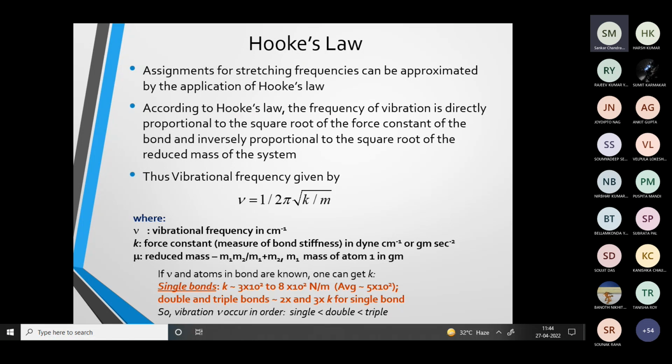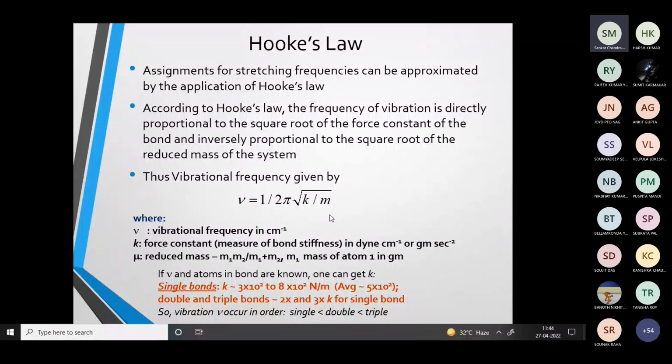Now you can say why the carbon-carbon double bond appears at 1600, whereas the carbon-hydrogen appears at 2900 something or 3000 something. It is related to the reduced mass.